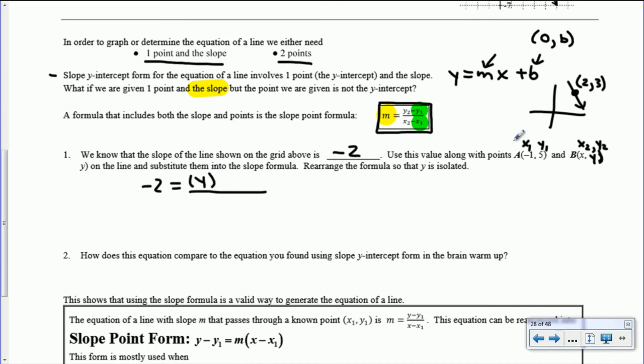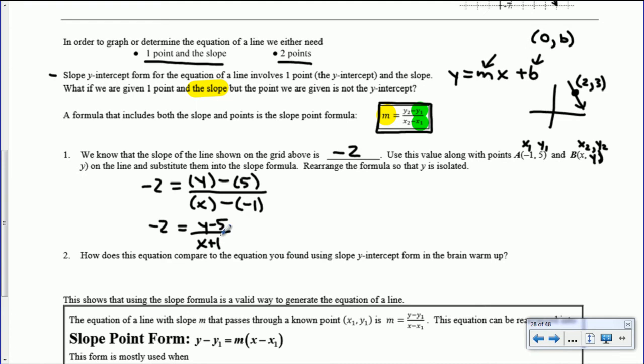Everywhere I see a y1, I'm going to put a 5 in its place, so subtract 5. Everywhere I see an x2, I'm going to put x, and for x1, I put a -1. So simplify this a little bit. -2 equals y minus 5 over x plus 1.